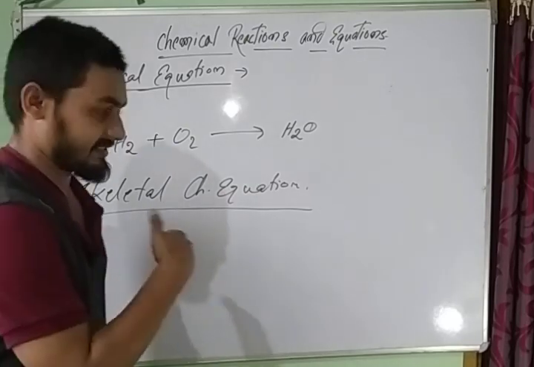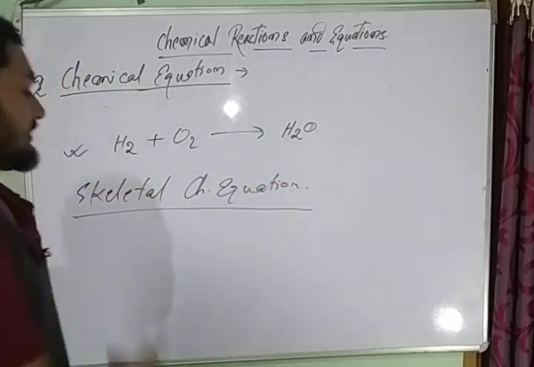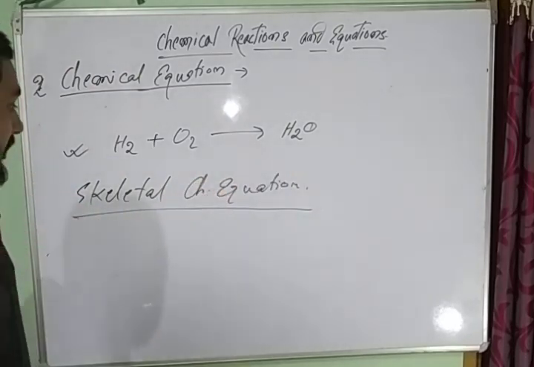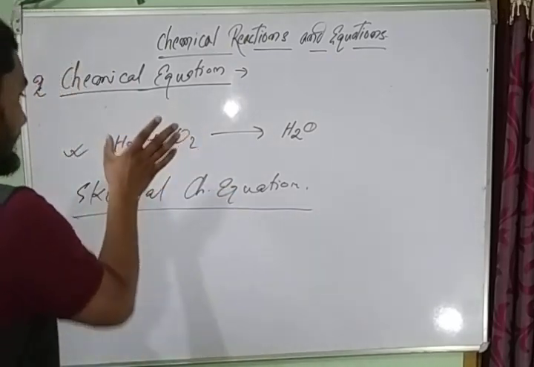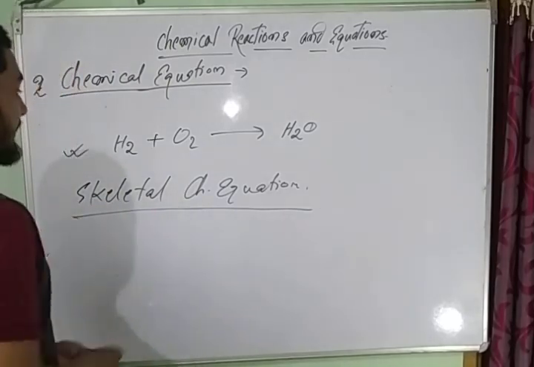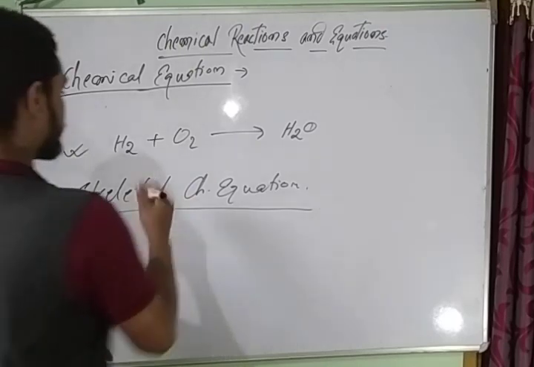No physical state and other information is provided in this reaction. This type of equation is called a skeletal chemical equation. Okay, and this type of skeletal equation, we need to balance. And if we balance this one, it will stand like this.